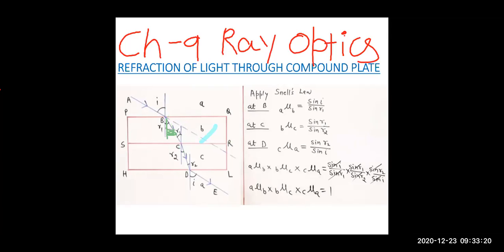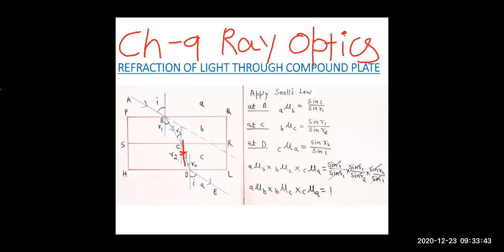So children, here for the surface SR, the angle of incidence is R1. Is this much clear? Now again children, the ray of light will undergo refraction, and for the second case, the angle of refraction is R2 at point C. Right?